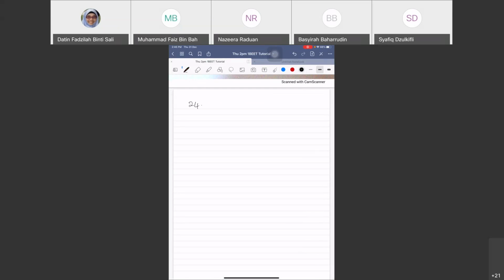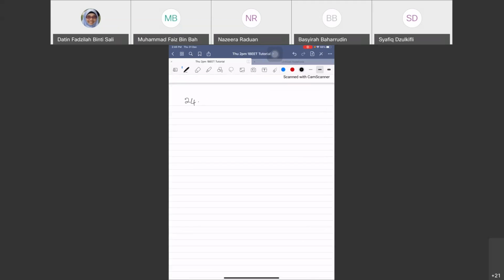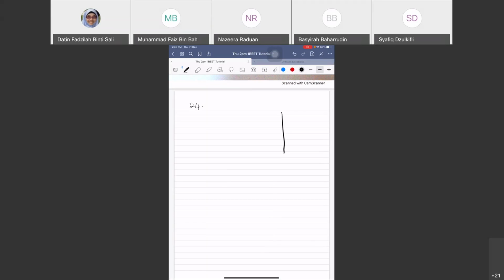Referring to your diagram just now, we have something like this, and this is 90 degrees. This is the building, and this is what you want to find. This is the FTK building.